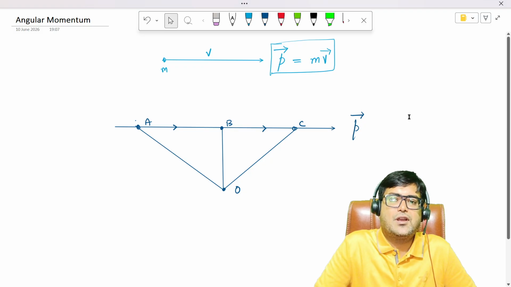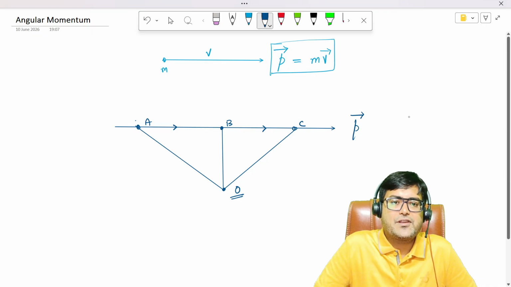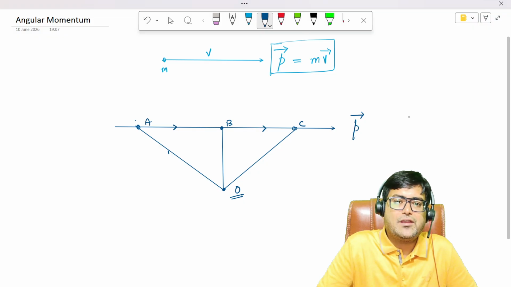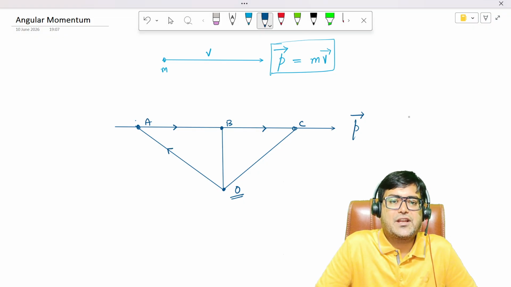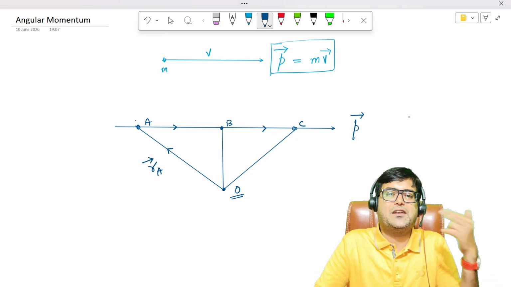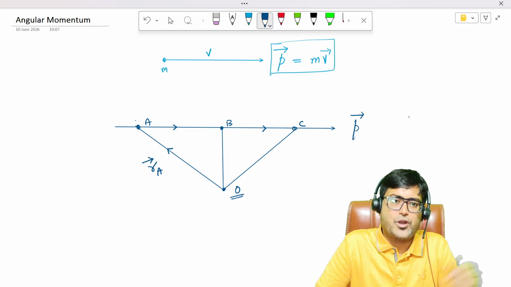Good. Now that I've drawn the lines, if I consider O as my reference point, then the line that goes from O to A, with a direction like this, is the position vector of A, which I call RA. What's a position vector? A position vector is a vector that denotes the position of a particle relative to the origin or reference point.